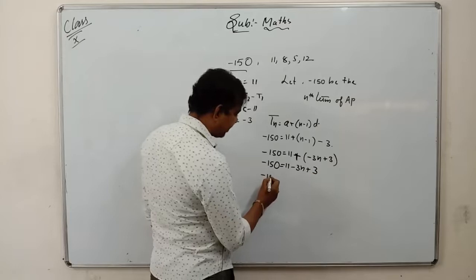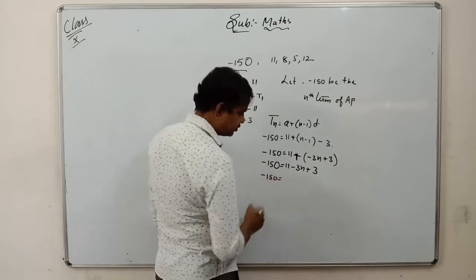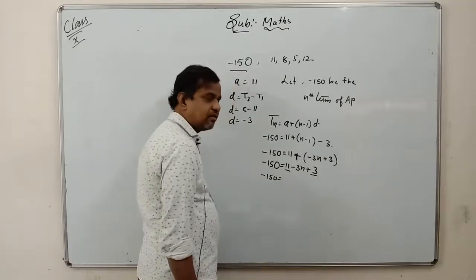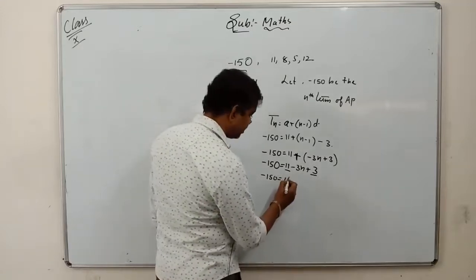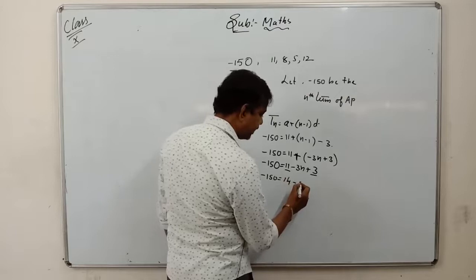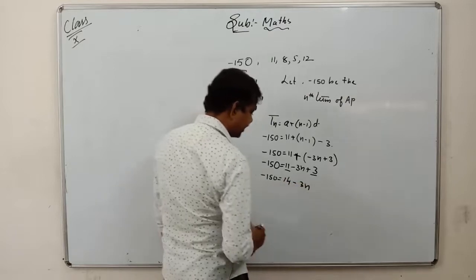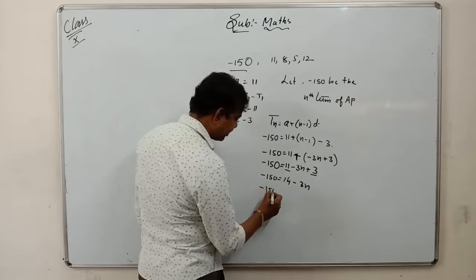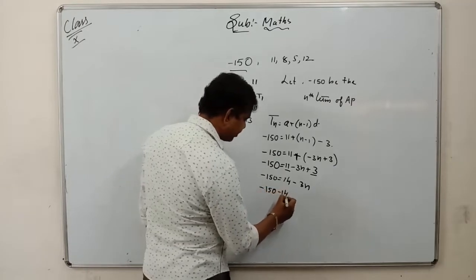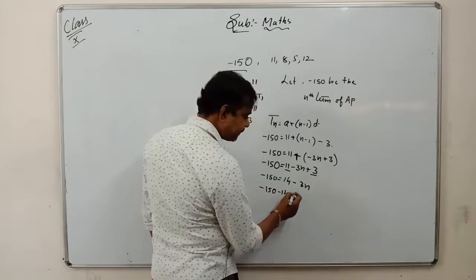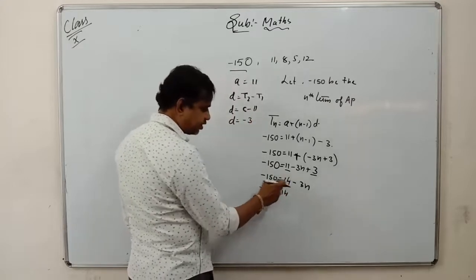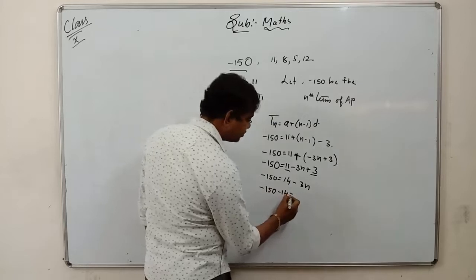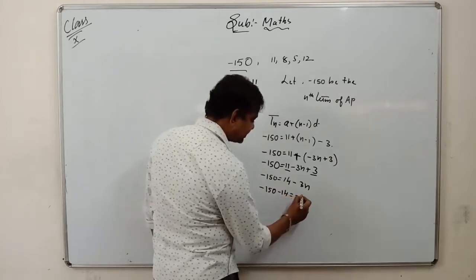So minus 150 equals to 11 plus 3. How much? 14 you will get. 14 minus 3n you will get, or minus 150 minus 14. I am taking plus 14 to this side, it becomes minus 14 equals to minus 3n.